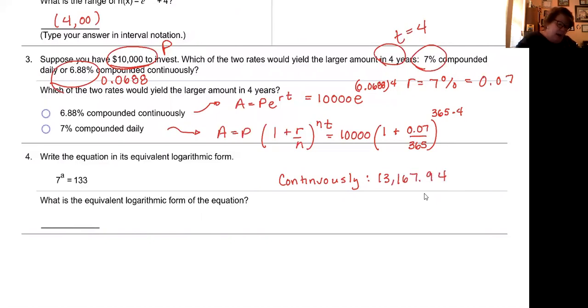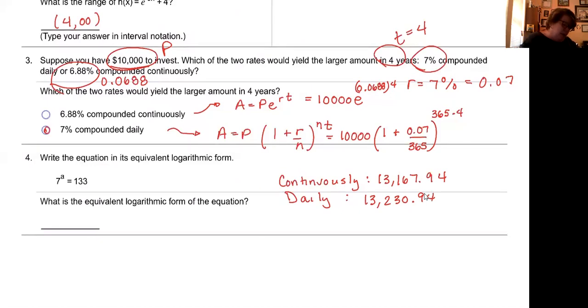And when I did compounding daily, so I take 10,000 times 1 plus 0.07 divided by 365 raised to the 365 times 4, I got 13,230.94. So comparing the two, it looks to me like the 7% compounded daily is going to give me a better return. So I'll choose that one.